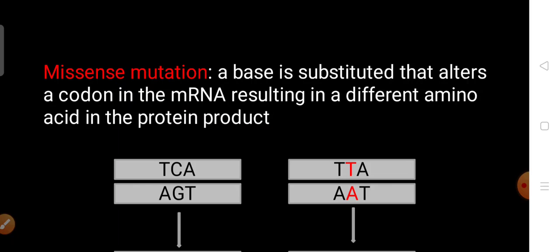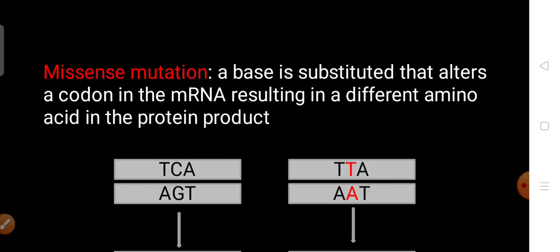Because if there is a change in a single nucleotide base pair, if there is single base pair substitution, where one base pair is substituted by another base pair, then this will lead to change in the codon of the mRNA.